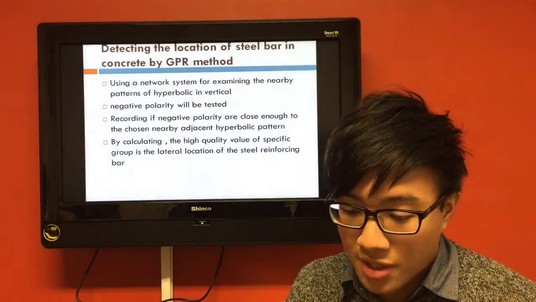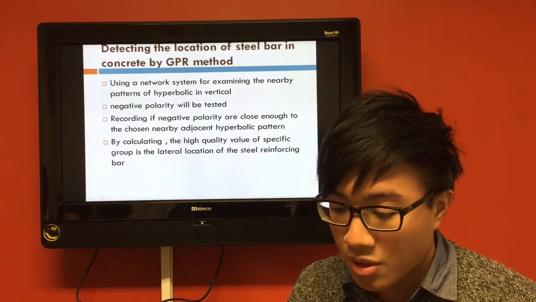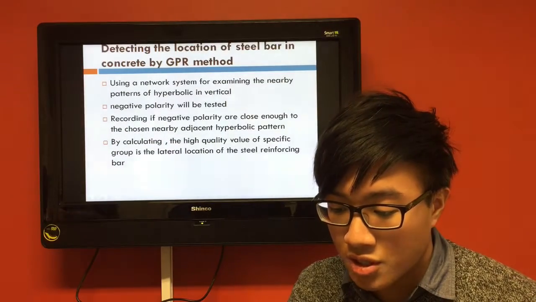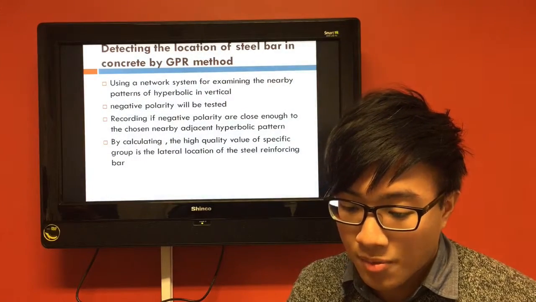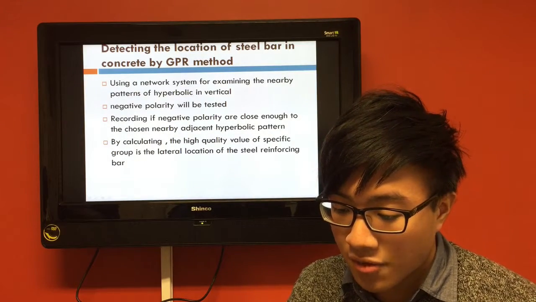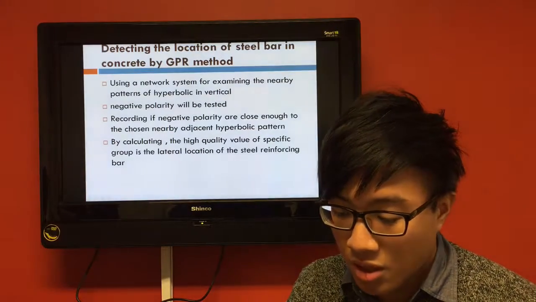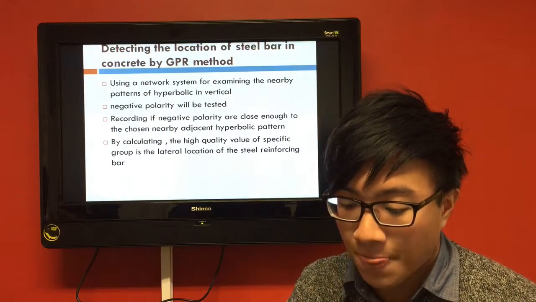The purpose of testing is to examine whether the nearby hyperbolic patterns with negative polarity are close enough to the chosen hyperbolic pattern or not. The recording of the hyperbolic patterns of both positive and negative polarity will be done if the hyperbolic patterns with negative polarity are close enough to the chosen adjacent hyperbolic pattern.